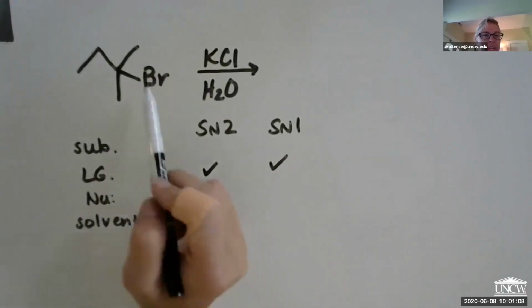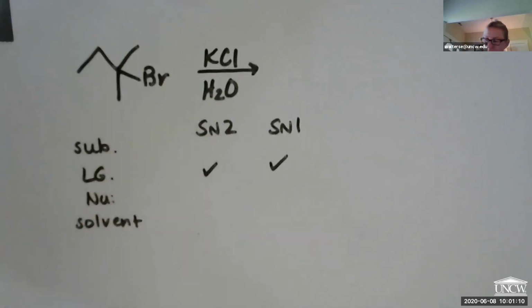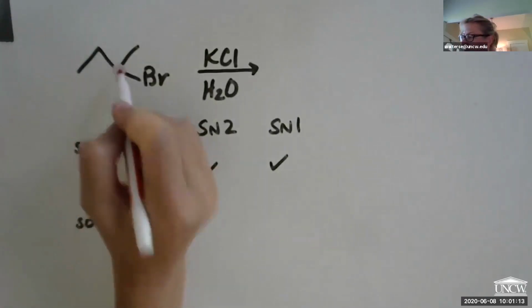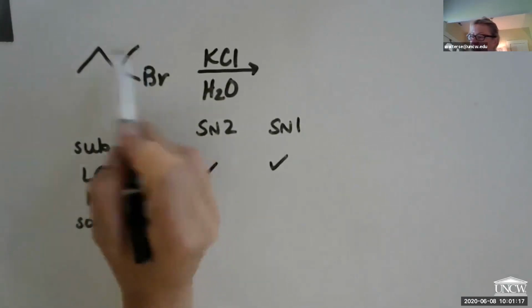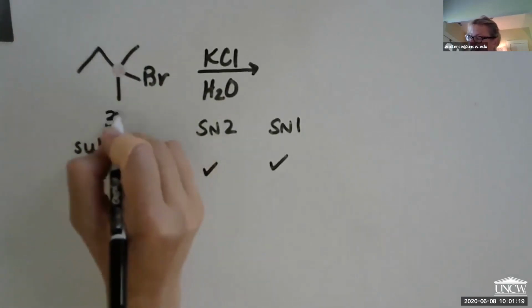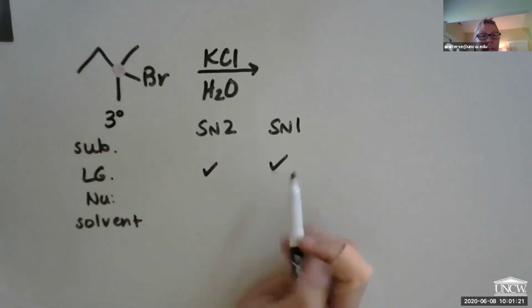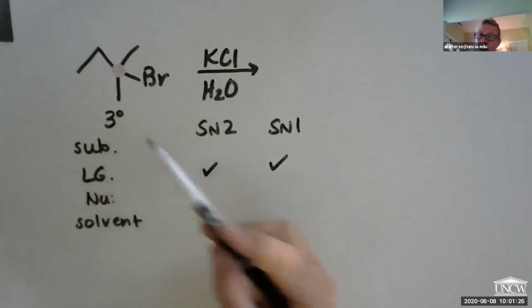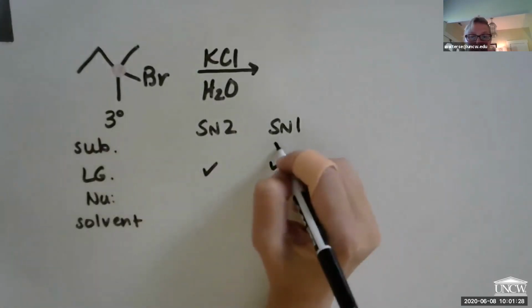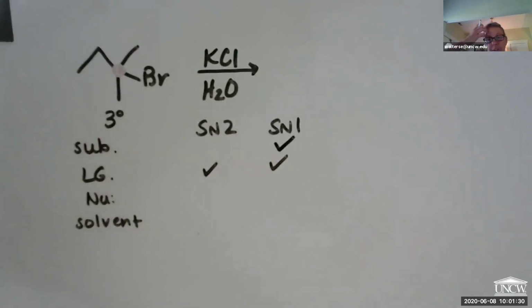Okay. Substrate here, the carbon that is our focus is right here. That carbon is attached to 3 other carbons, so it's tertiary. Tertiary alkyl halides make excellent carbocations in 2-step reactions, SN1.